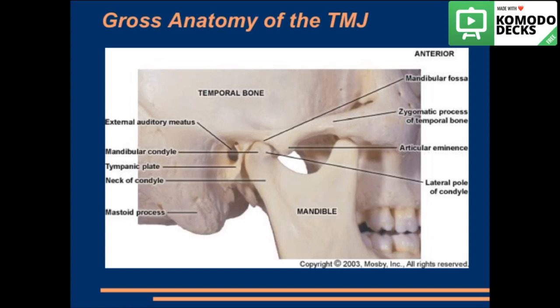Here, as we can see, the mandibular fossa is posterior to the articular eminence, which is a shallow depression, and the head of the condyle is a convex surface, and it joins the mandible through the neck.